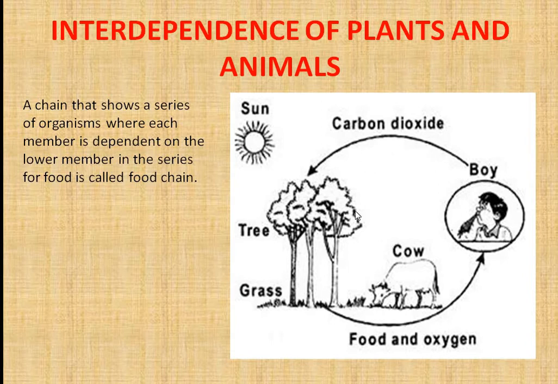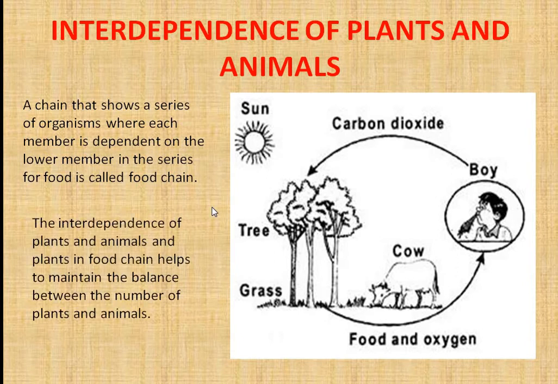This is a food chain. Now, plants and animals in a food chain help to maintain the balance between the number of plants and animals. There should be a balance. If there is a sudden increase or decrease in the number of either plants or animals, the balance in nature will be disturbed. Besides, plants give us oxygen, which is needed by animals to breathe.